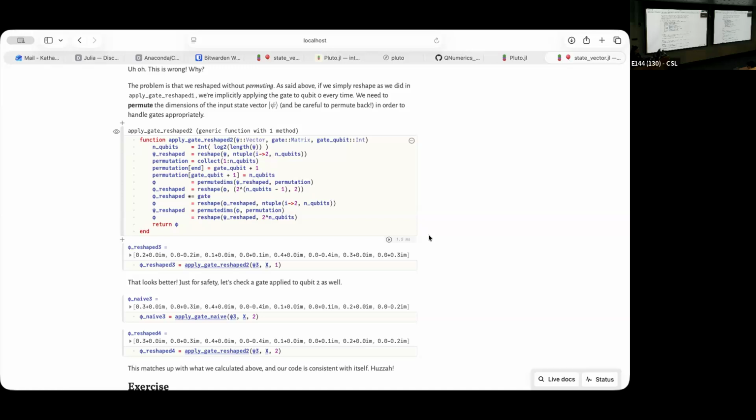Permuting the qubit on which you apply the gate, then permuting back, and maybe we have reshaped somewhere. Yeah, that's a contraction. Some libraries are actually faster and do tensor contractions, and eventually perform this matrix multiplication.